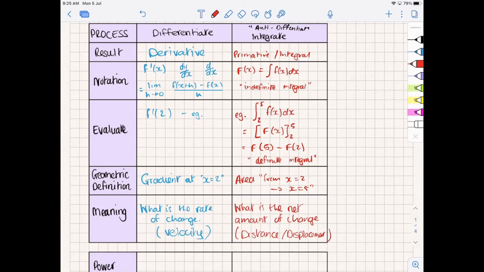Yes, if your velocity is negative at some point, you'll be going backwards, which means your displacement will become less, but the total distance traveled will still increase. Distance is an absolute value quantity. It can never be negative, whereas displacement can be negative because it's in reference to your starting point. You can be at a negative displacement. It just means that you went backwards from where you began.